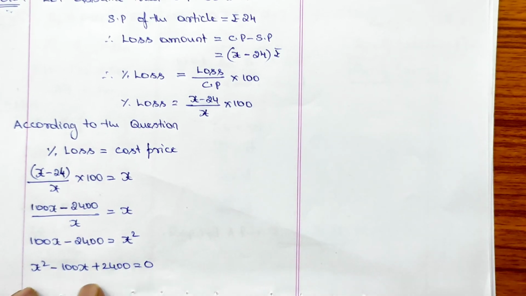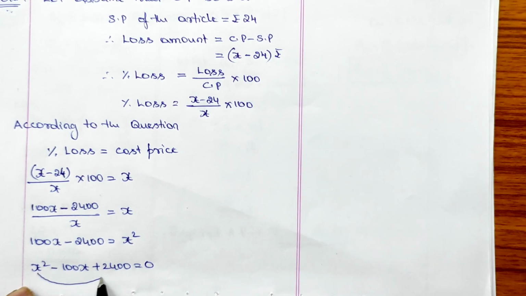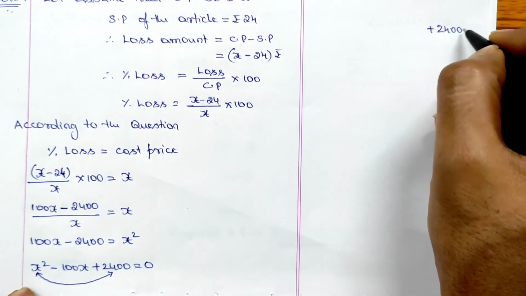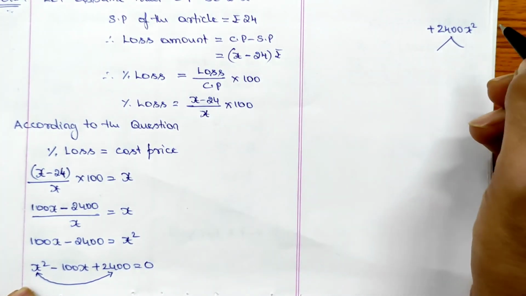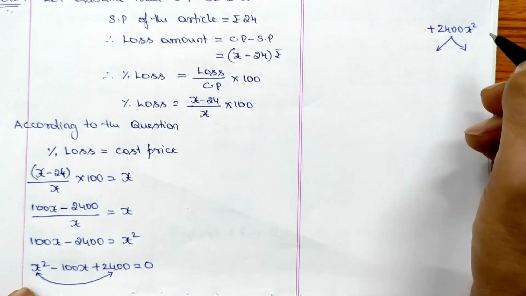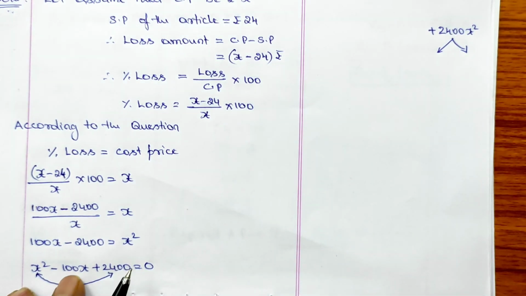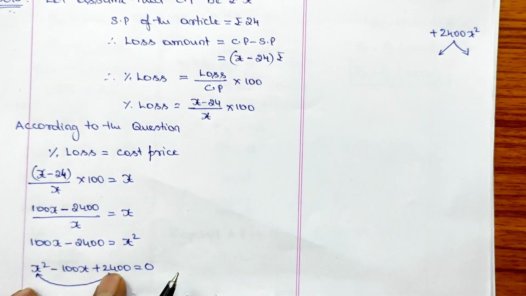So I will go for the factorization method. You know that in the factorization method we have to multiply the first and last term along with its sign. So plus and plus, that is plus 2400 x square. Now we have to split into two terms in such a way that the product is plus 2400 x square, and if you simplify according to the sign we have to get minus. So 24 is a product of 4 and 6, and 40 and 60 will provide 100.